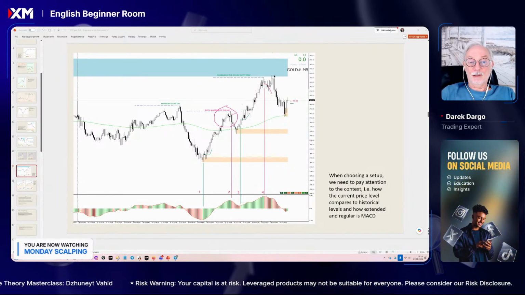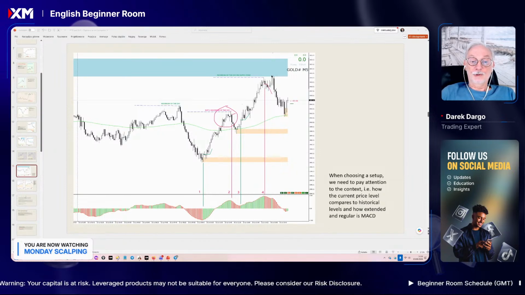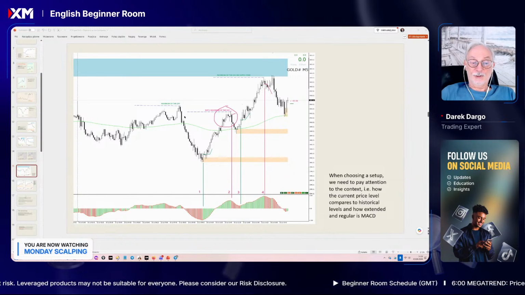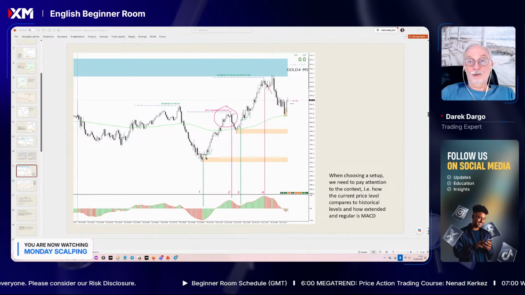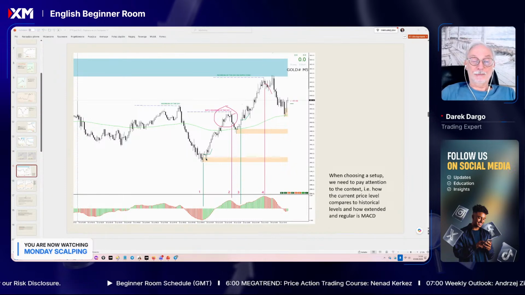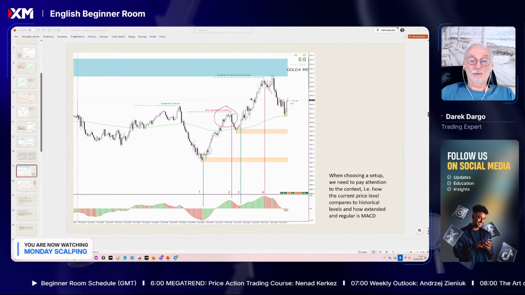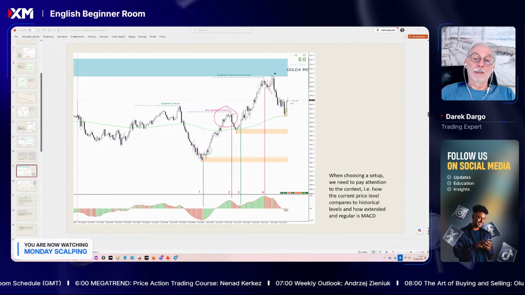Sometimes, as you see, the market is trying to cheat us. So if you open a sell or buy, you must have your stop loss at a reasonable distance from the top, because sometimes they try to make another top.